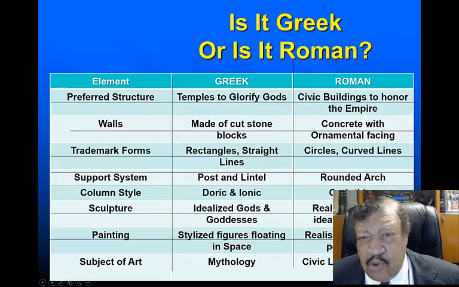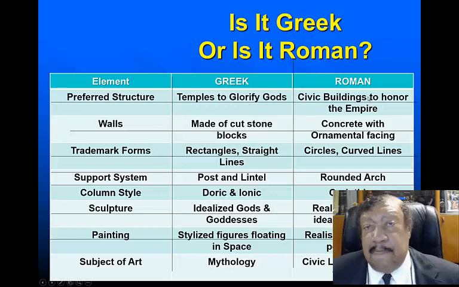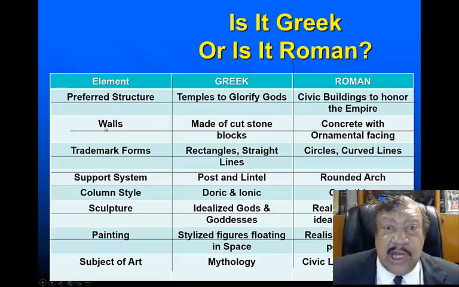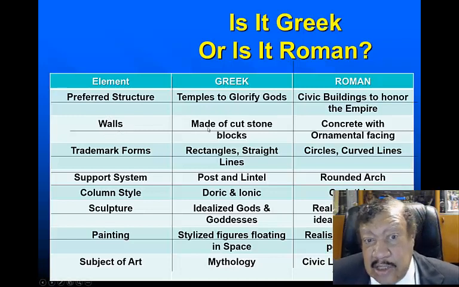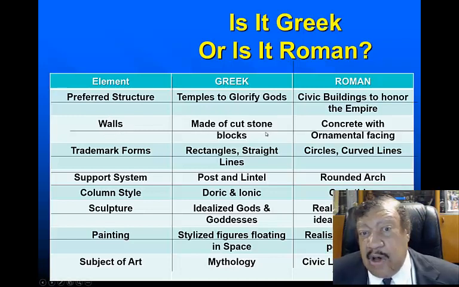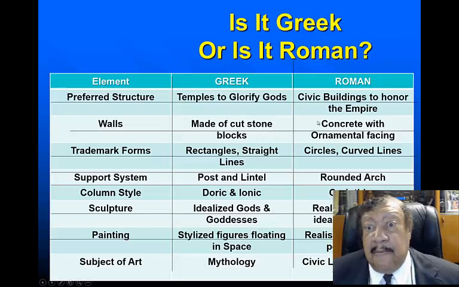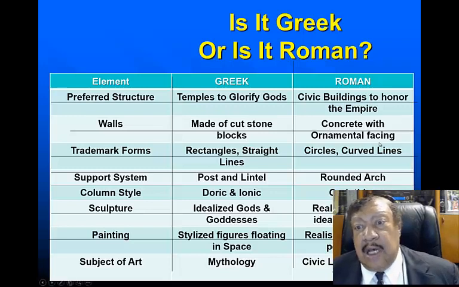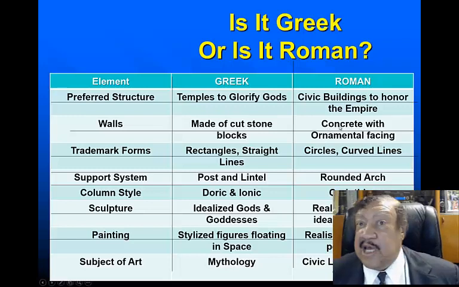But the Romans wanted to build buildings to honor their empire, their civic buildings, their government buildings. When you look at the walls, the Greeks used walls cut from stone blocks. But the Romans, because they invented concrete, had an ornamental face, and they could do all kinds of things with the concrete.